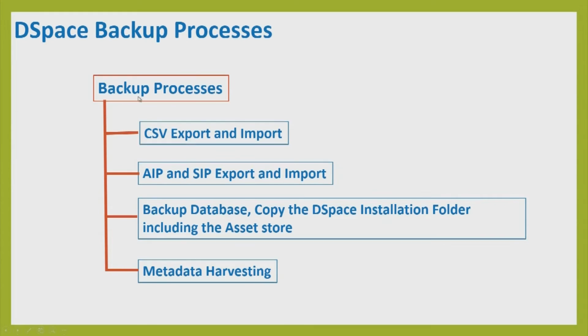Here I have made a pictorial diagram of the backup processes. You can take a CSV export and import. So, you can create a CSV file and import it back into DSpace. DSpace already has an option to export data in CSV. You can select a specific community and export that information in CSV, but there is a limitation.